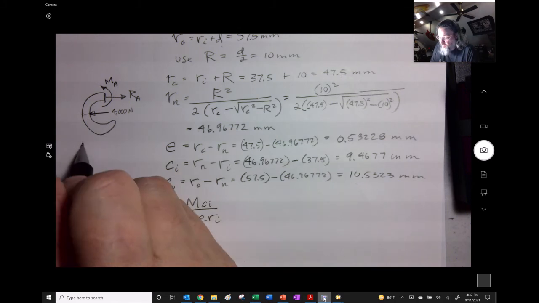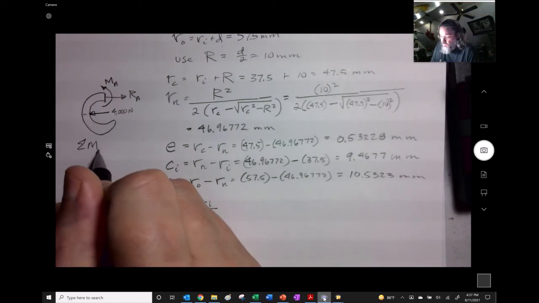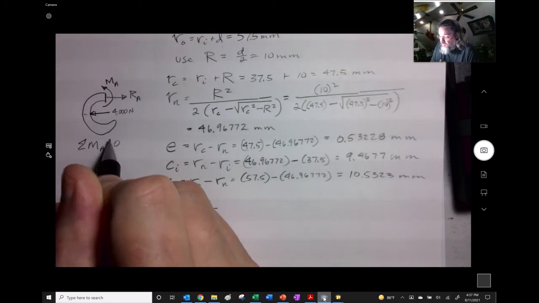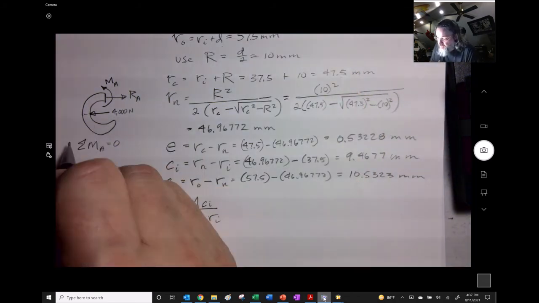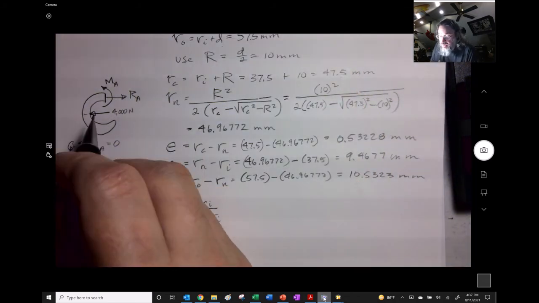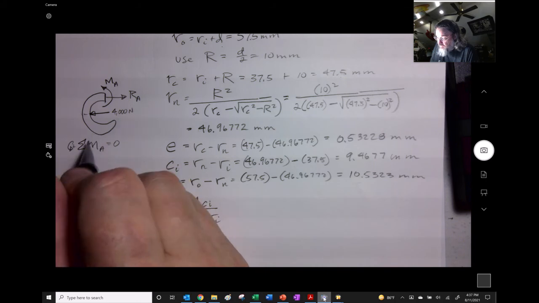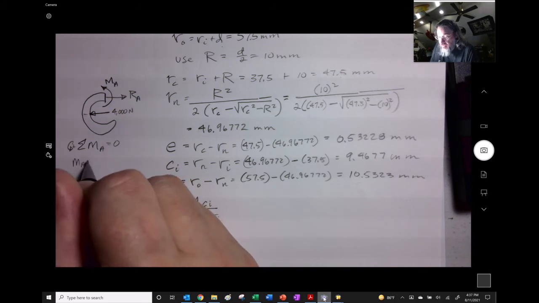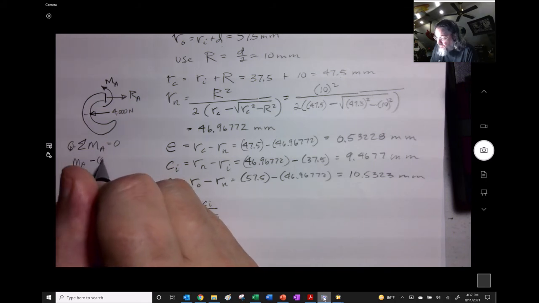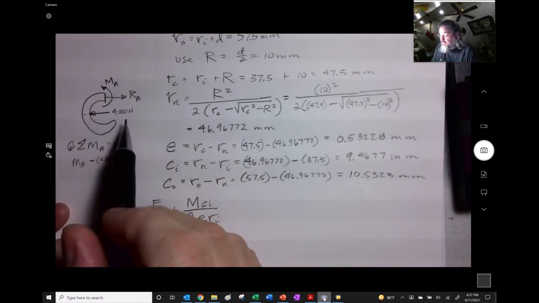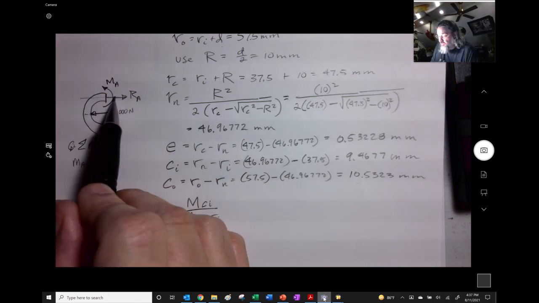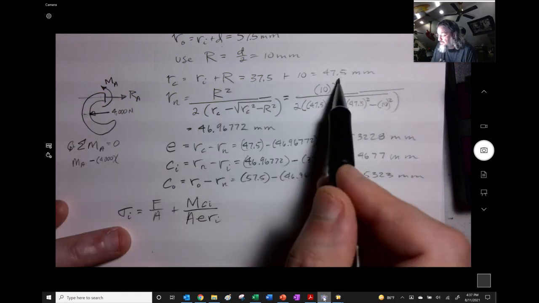So we do the sum of the moments about the center of the cross section up there. I just marked it, you couldn't see it. So MA is going to be minus our 4,000, and the distance from here to here is the RC right there.